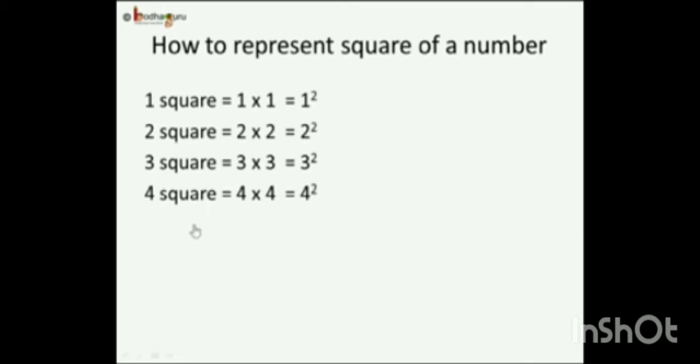So to represent any number square, we just write that number like 4, and we write a 2 on top of it. That 2, which is the power, is saying 4 multiplied by 4. Make sense? So we represent the square of a number by putting a small 2 on the top right.